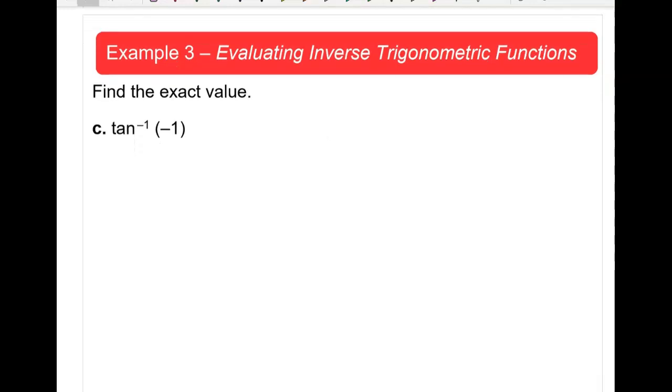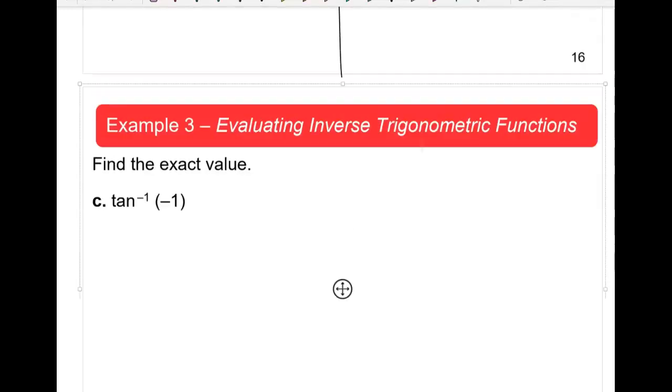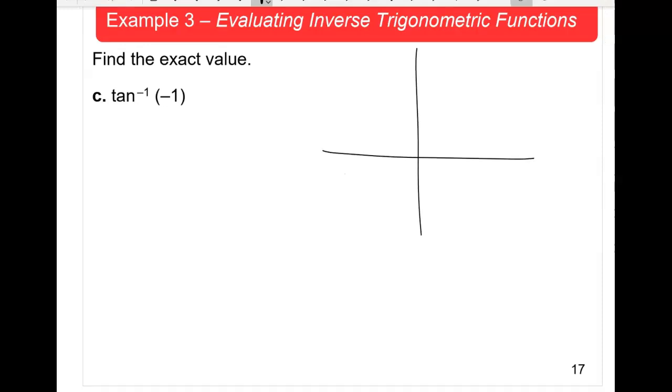We have one more for tangent inverse, and this is the -1. Where will the tangent be -1? So let's see. If we have our unit circle again, and remember we restricted our tangent function from -π/2 to π/2. Now let's decide this.